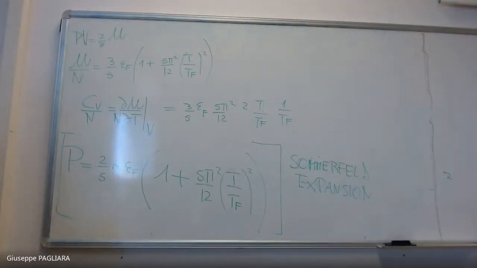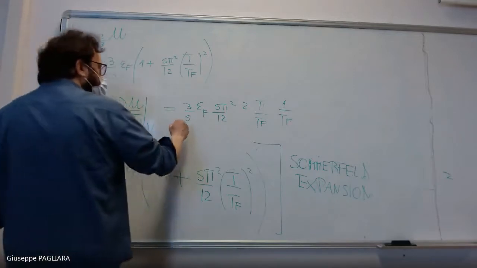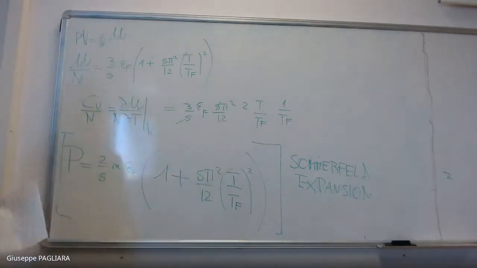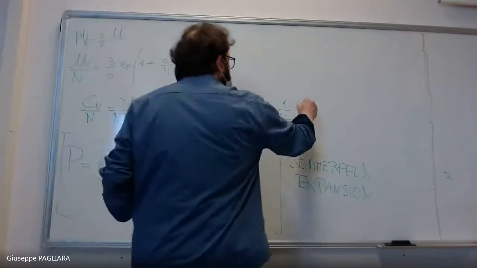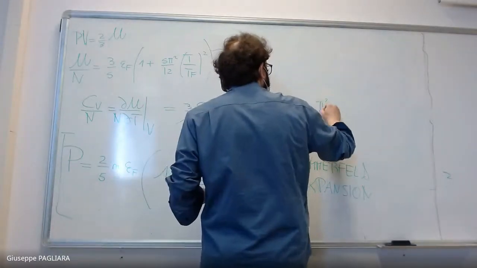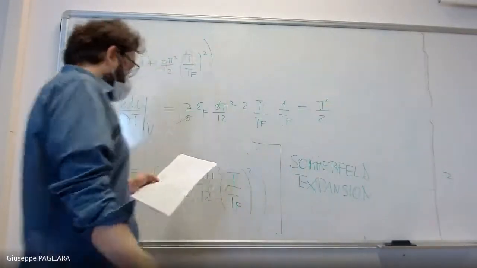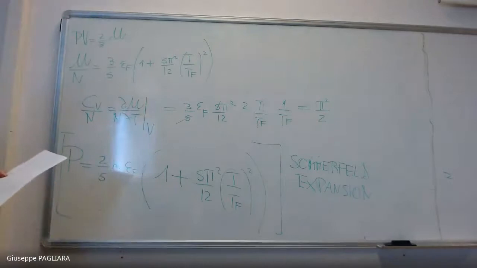Okay. You see something pops. Then I have 3, 6, and 12, so factor 1/2. Yeah, so I have pi squared divided by 2.